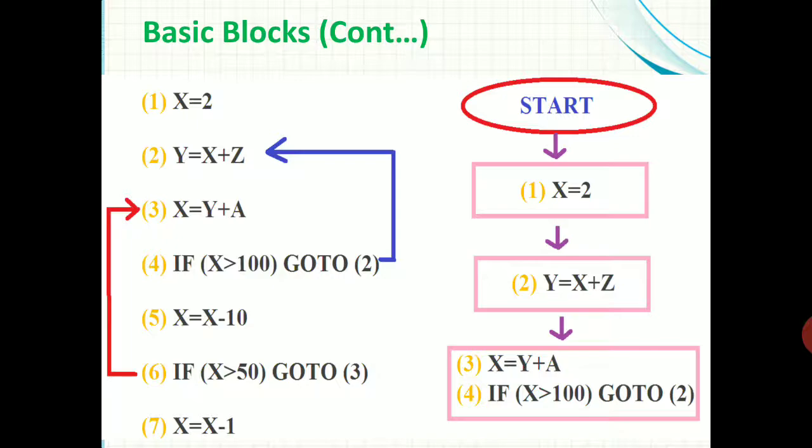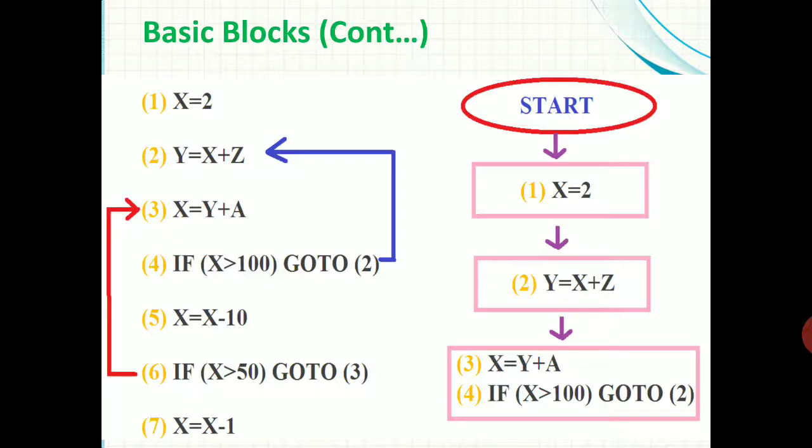Here you can see that we can combine 5 and 6 in a particular block. There is no need to split it because the block contains only one entry and one exit.